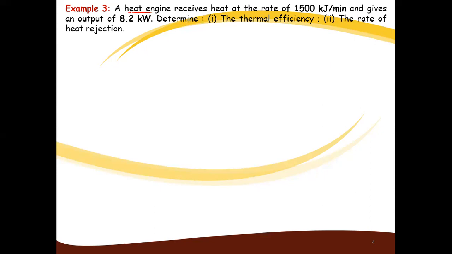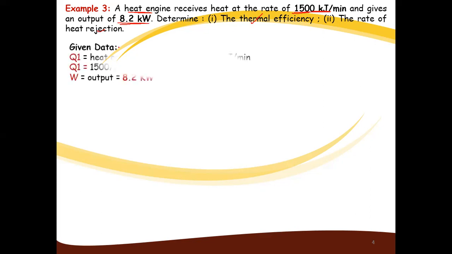Now a heat engine receives heat at a rate of 1500 kilojoule per minute and gives an output of 8.2 kilowatt. Determine the thermal efficiency and the rate of heat rejection.